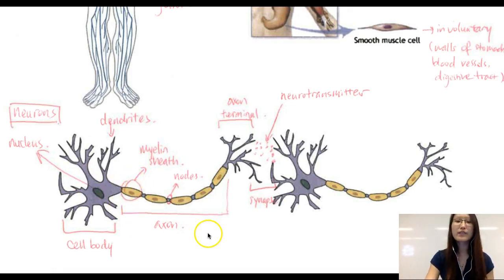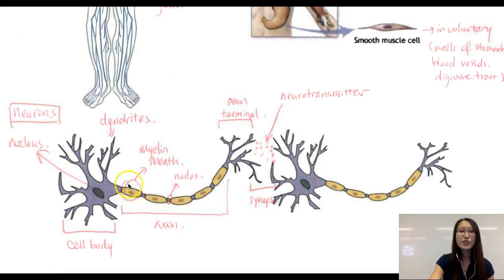And then the next part is called the axon. The axon allows the information, the neuron firing, right? So it allows the electrical signal of the neuron to be sent from the front all the way to the back. Going from the dendrite to the axon terminal, the signal goes through the axon. On the axon, there are two different parts that you need to know about.